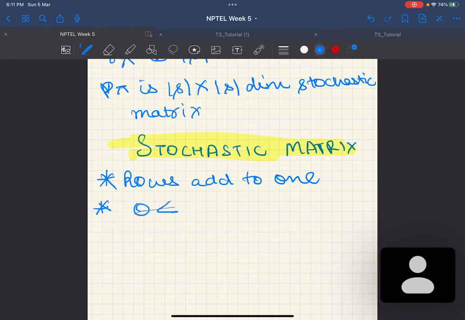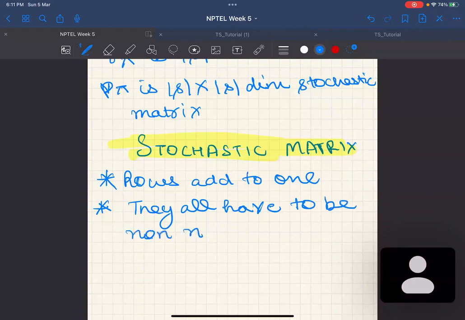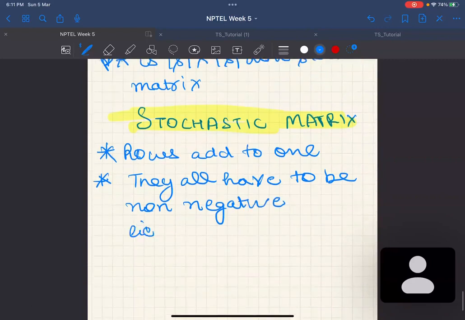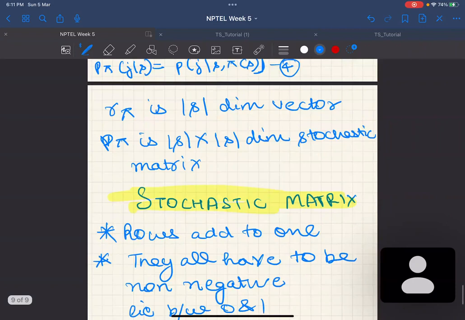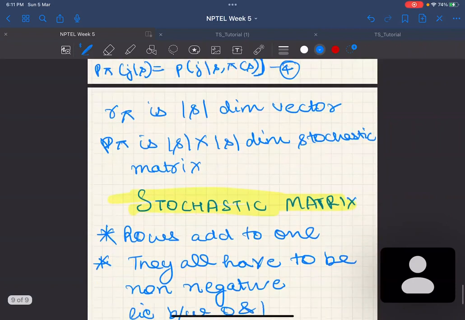They all have to be basically non-negative elements and lie between 0 and 1. This is basically the stochastic matrix, which I'm telling you P pi is.